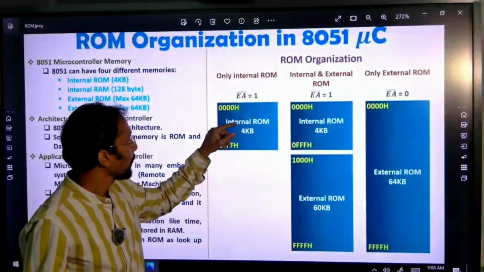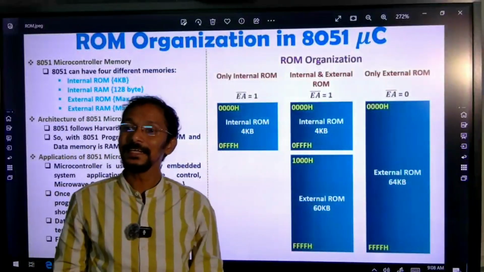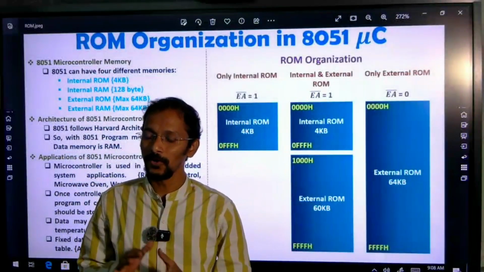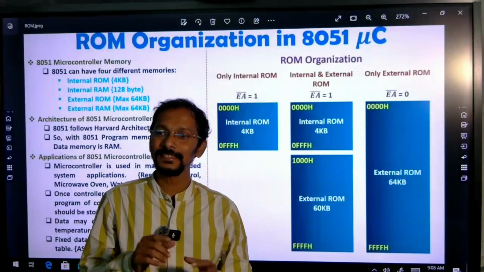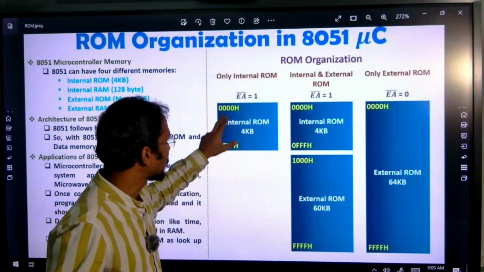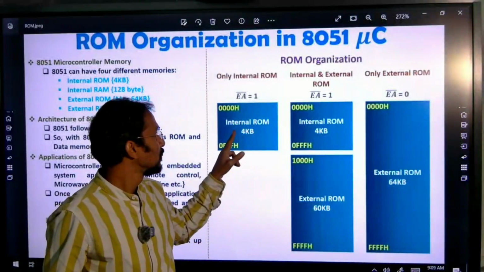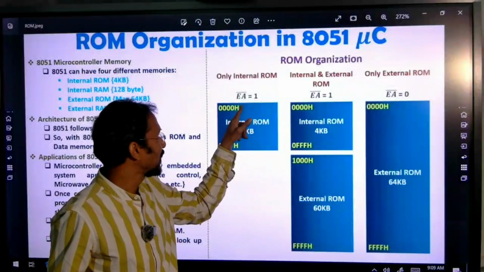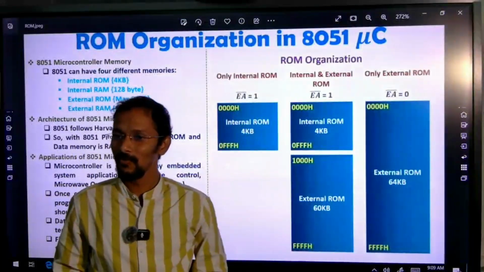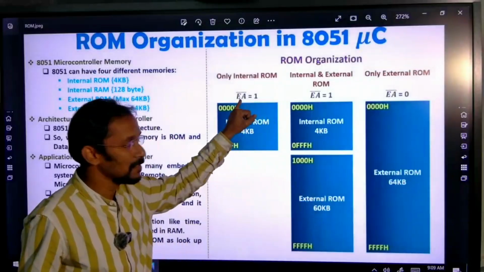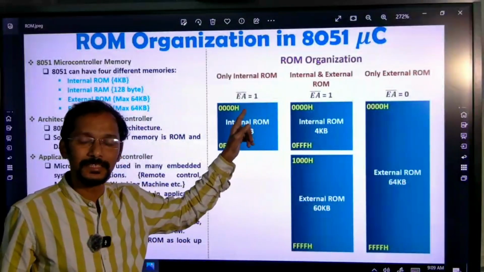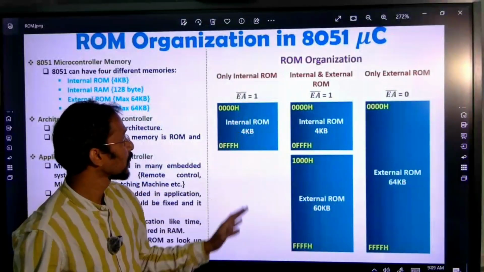It means we are accessing the internal program memory, whatever program we loaded inside this controller, and that can be accessed by setting the EA bar pin to 1. We have to connect the EA bar pin to VCC.